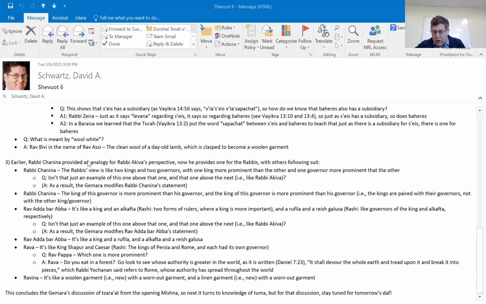And then the alternative is where you know that you're tameh, but you go into an area and you don't realize that that area is either the Beis Hamikdash, or you eat something and you don't realize that that item is Kodesh. So that's what we're going to be turning to next. But for that discussion, you'll have to stay tuned for tomorrow's daf.